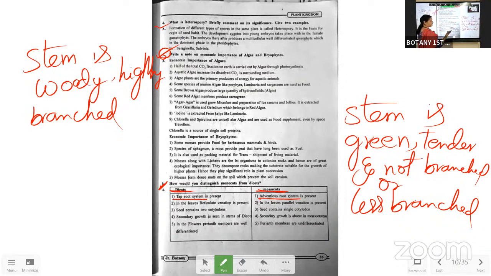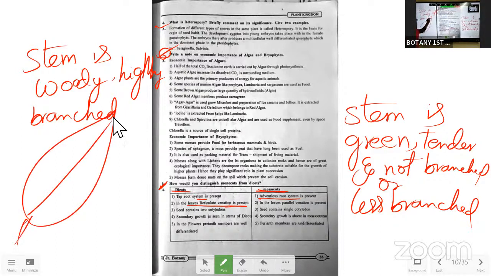The next part for the plant body is the leaves. So in the leaves, leaves having the reticulate venation in the dicot plants. And in the monocots, leaves have the parallel venation. What is meant by reticulate venation?